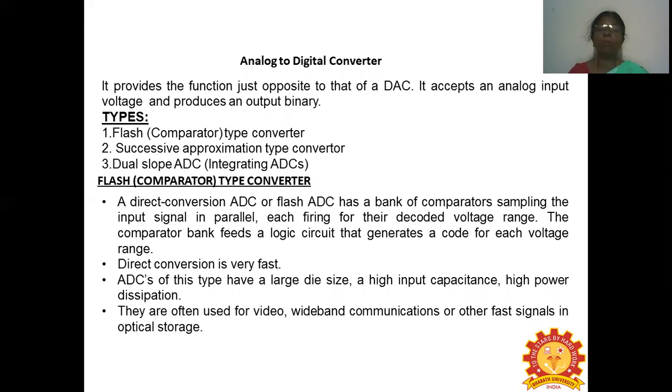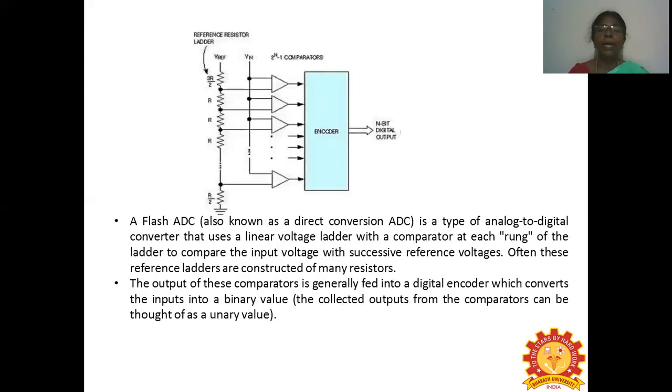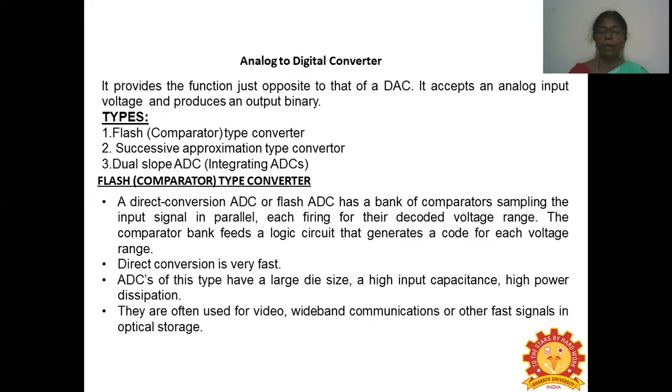That is, we are applying the signal to the comparator, and the output of the comparator is applied to the encoder circuit. This type of conversion is a very fast method.